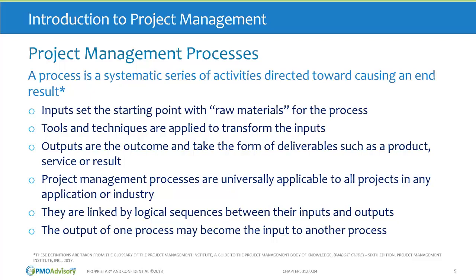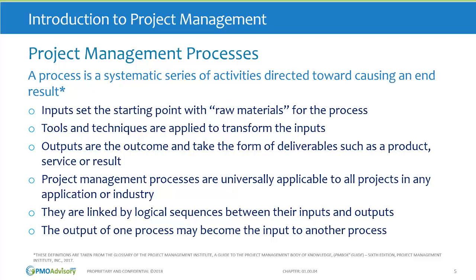Then we apply tools and techniques to transform the inputs into outputs. The outputs are the deliverables for the project, such as a product, service, or result. The project management processes apply to all projects in all industries. That is, they are universal.